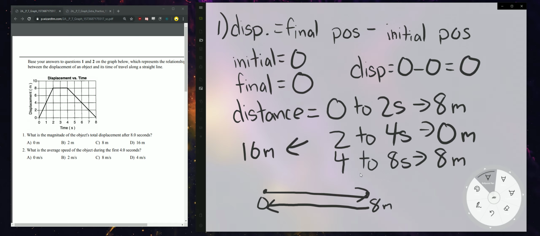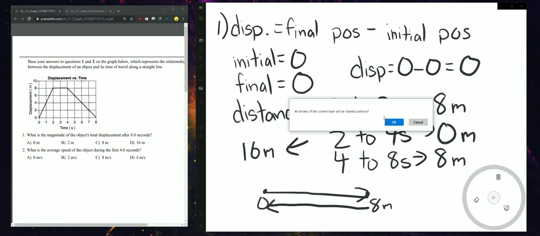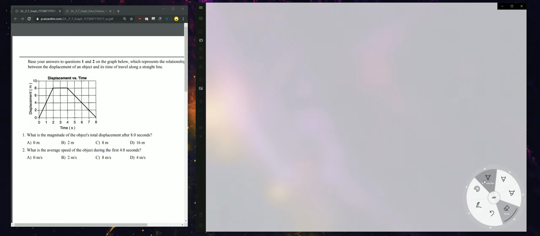All right, let's move on to number 2. What is the average speed of the object during the first 4 seconds? And again, it wants the first 4 seconds, and you know that your average speed is going to be equal to d over t.